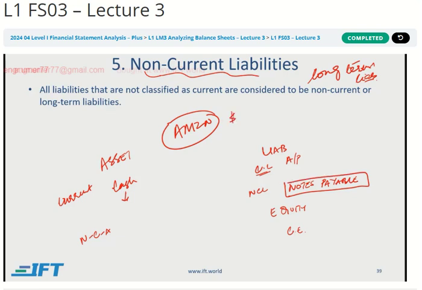Even though the face value of this bond is 1000, it is selling at a higher price than the face value because you're offering a 5% coupon while the market interest rate is 2%. So people will rush to buy this bond and they will pay a premium for it, which means the cash you will be receiving will be more, and therefore the liability you will be showing will be more.